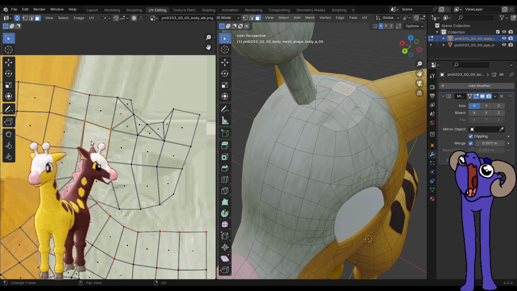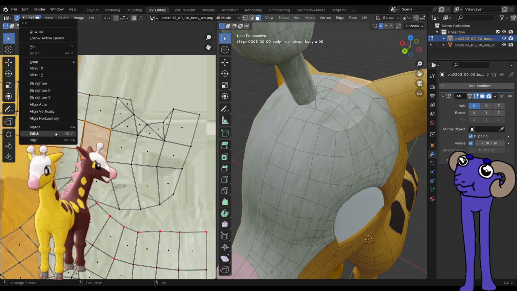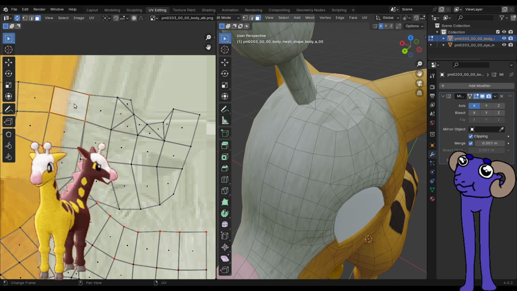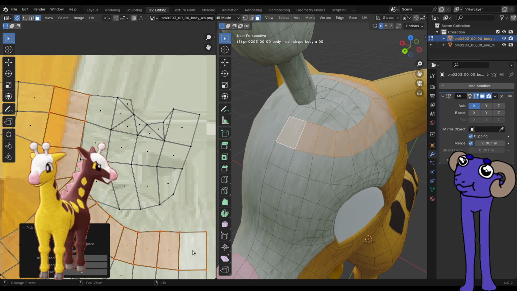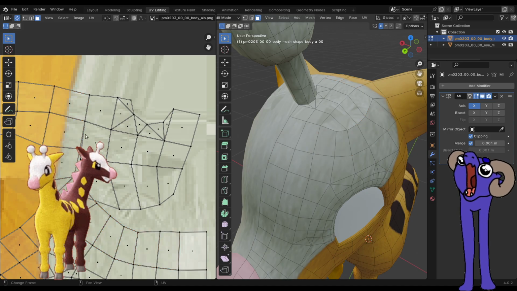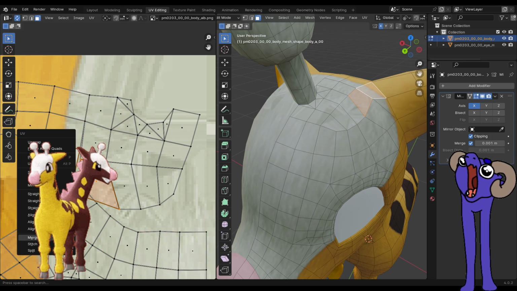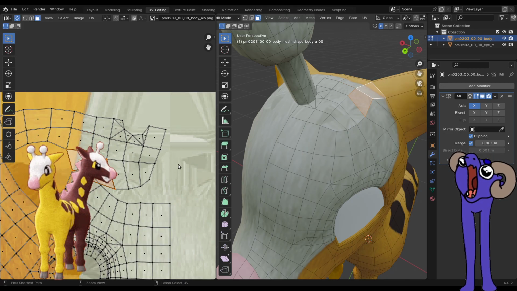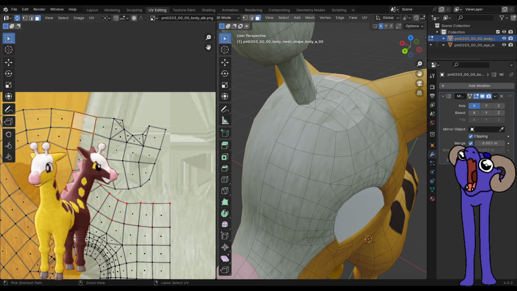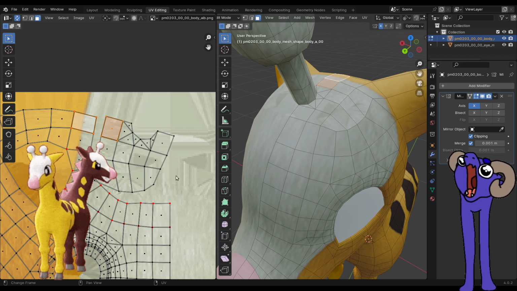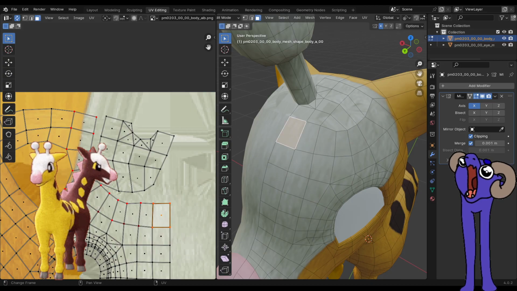Oh my god, that's how you do it. Okay. I get it. Stitch. No. Okay, so we can unpin these, so I don't know what pinning does. And then we stitch. No, that didn't work. This is a learning process. I haven't done this in a very long time.